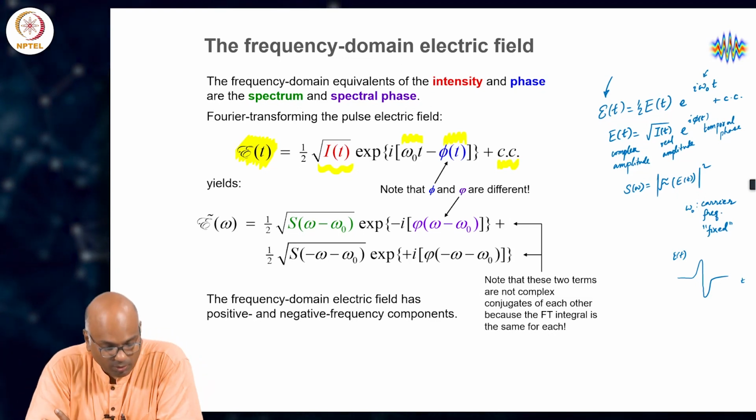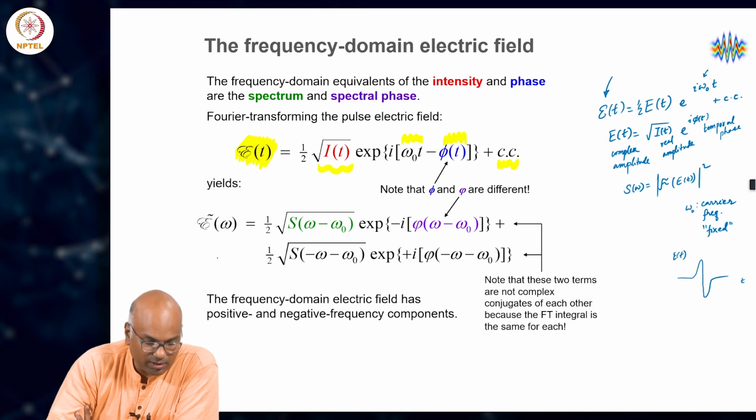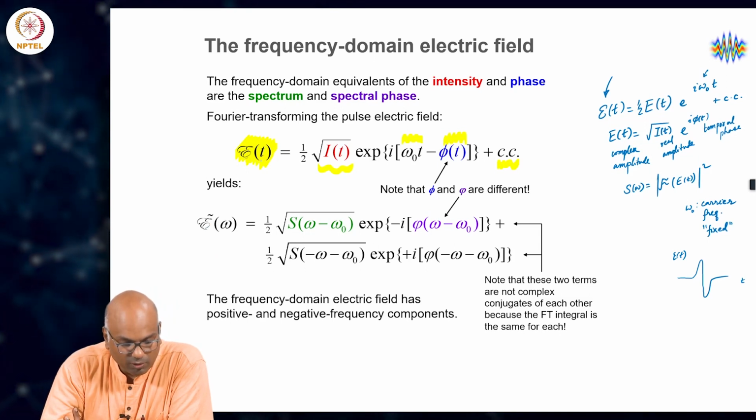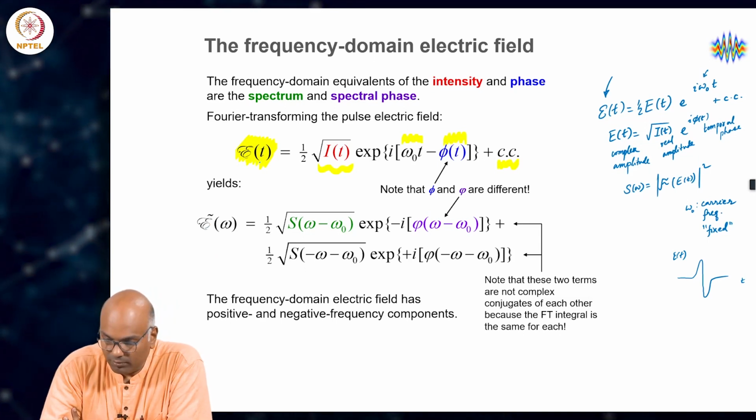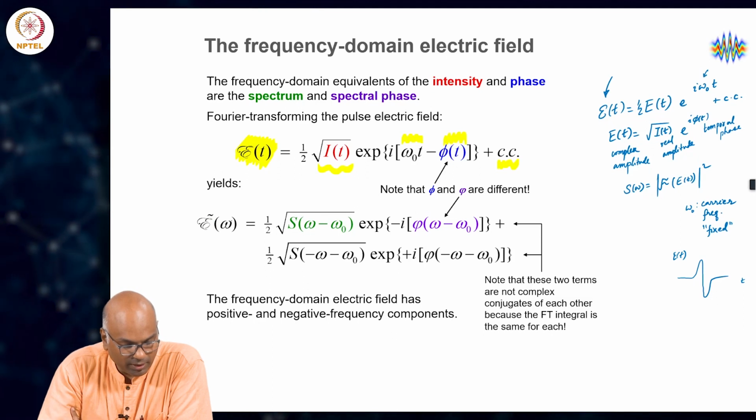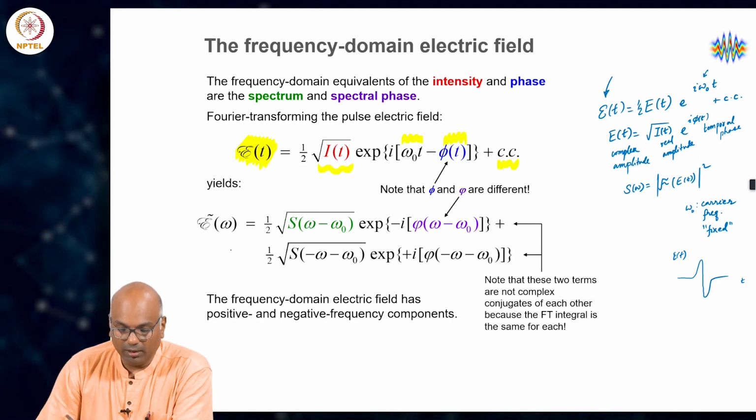Okay. So, in such a case, if I now ask for the Fourier transform of this total function, which is E tilde of omega, right. Then what do we have here?